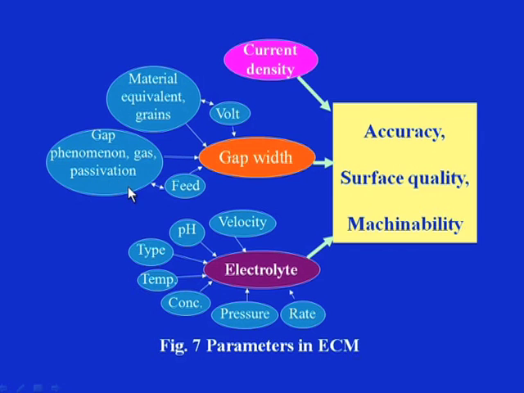We will discuss what passivation is here. Then the electrolyte system. In that electrolyte there are other variables that affect this system like the velocity, pH value of the electrolyte, that is the type, temperature of the electrolyte, concentration of the electrolyte, pressure at which it is kept flowing, and then the rate at which it is flowing.